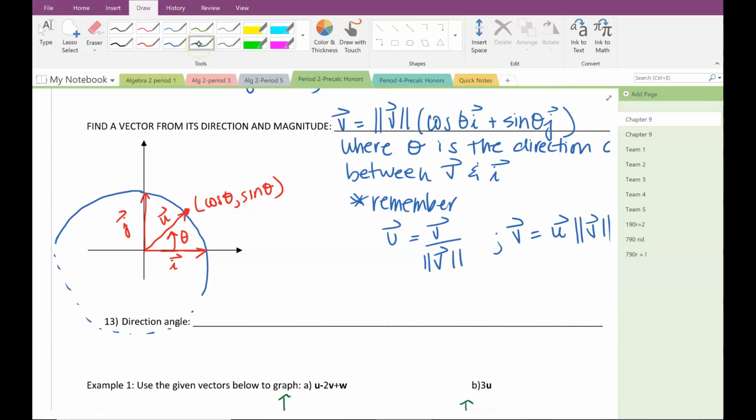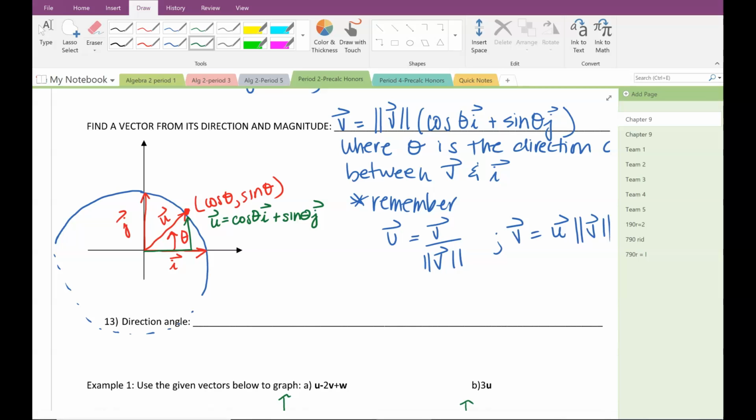So what is this unit vector? This unit vector can be written as cosine of theta times the i vector, because that's horizontal, plus sine of theta in the j direction. That would give us cosine of theta i, meaning that I'm going this way, and then I'm going to add this way to give me my vector u, which is on the unit circle.